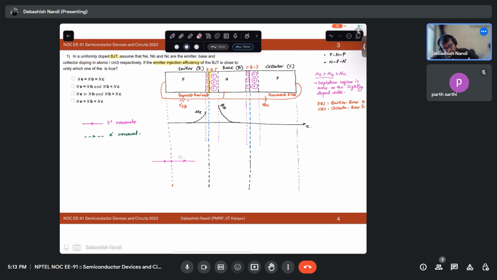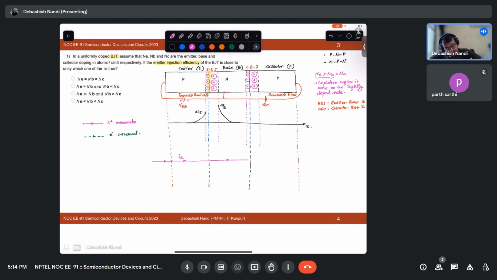Let us call this current IE. At this boundary, the holes will also move forward because this boundary is forward biased. So a certain amount of holes will move forward.